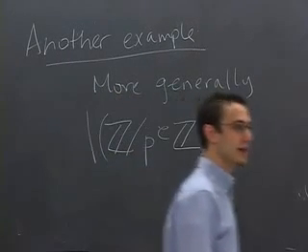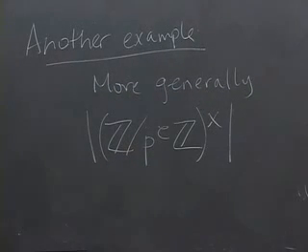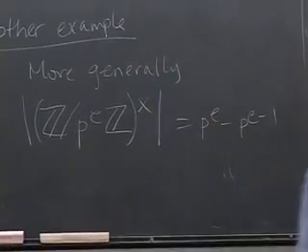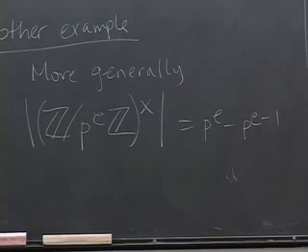Any takers? Yes? It's P raised to E minus P raised to E minus 1. Why? So the answer he gave is P to the E minus P to the E minus 1.